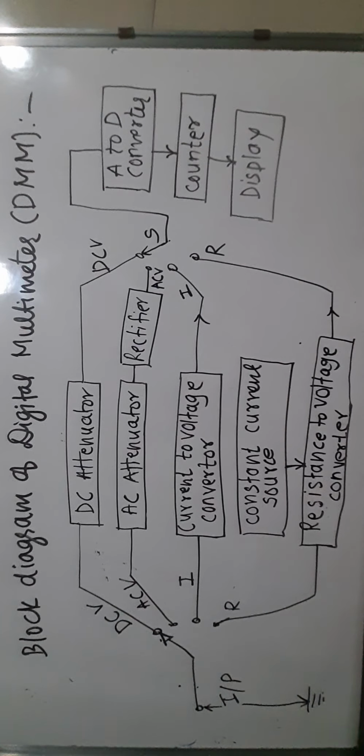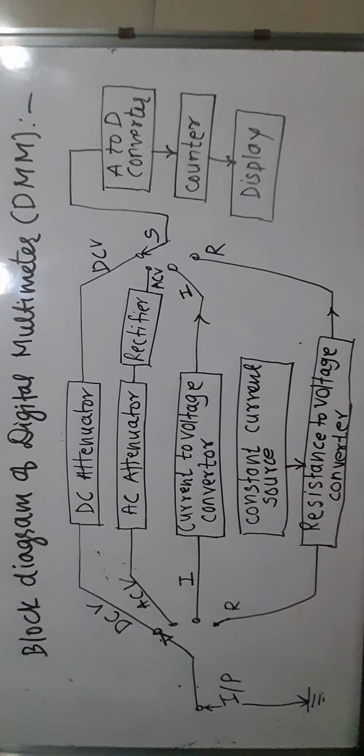For example, if the voltage is 200 volt and we are not choosing the proper range, then it shows the overrange indication. So these are all advantages of digital multimeter over analog multimeter.